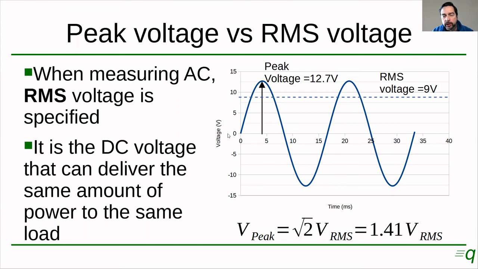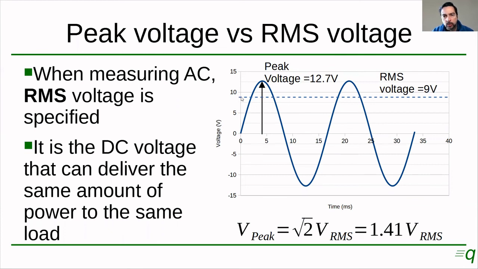You would end up with an average power of 81 watts when this is connected to a resistor of 1 ohm. So that means that this wave that has a peak voltage of 12.7 volts behaves like a DC voltage of 9 volts. 9 volts squared, that's 81, divided by 1 ohm, that is 81 watts.